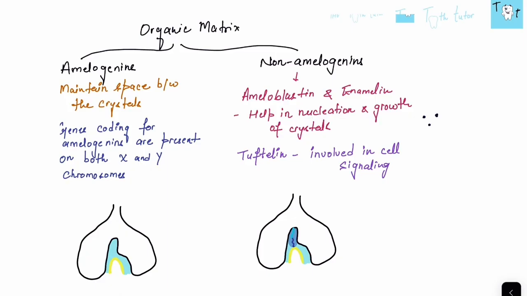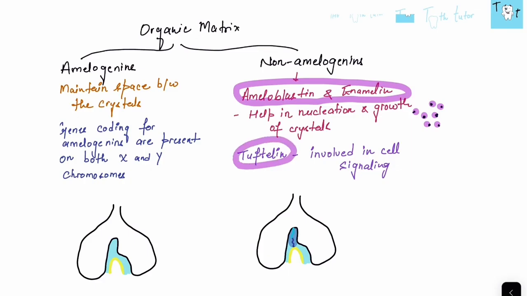Okay, so these crystals are nucleated over here, and then they will grow. So this is growth of the crystals. Okay, so the starting of the center is nucleation. So ameloblastin and enamelin, these are non-amelogenins, and also tuftelin. It is involved in cell signaling. So all the induction and everything that is going on, tuftelin has some role to play in it.